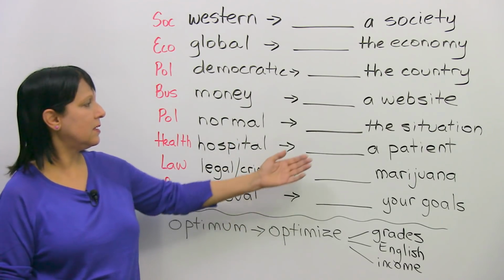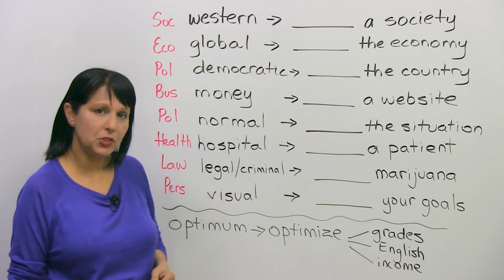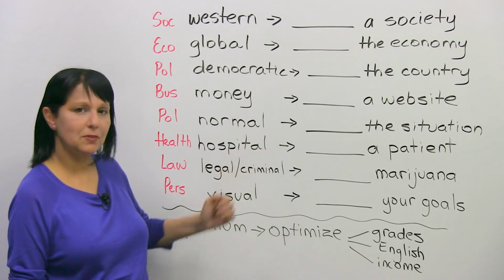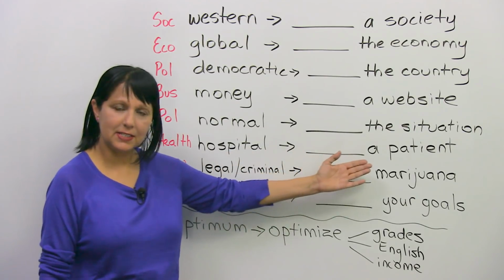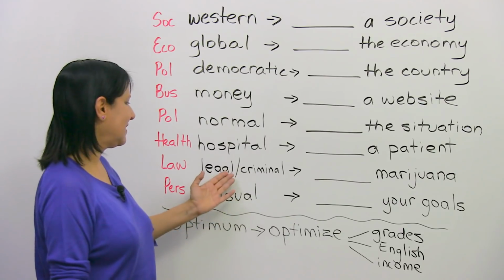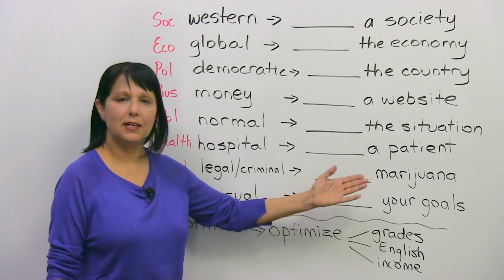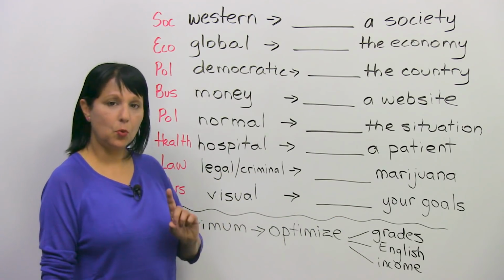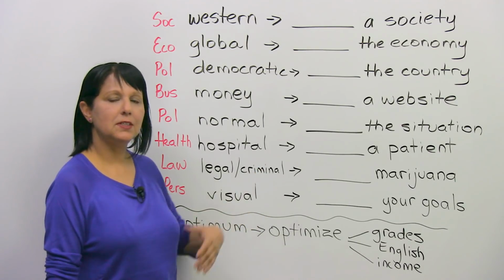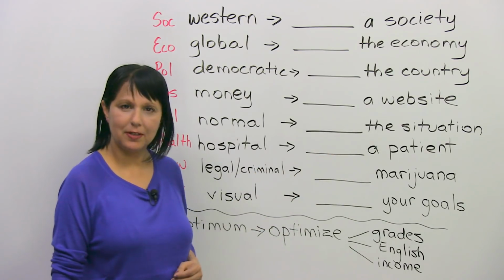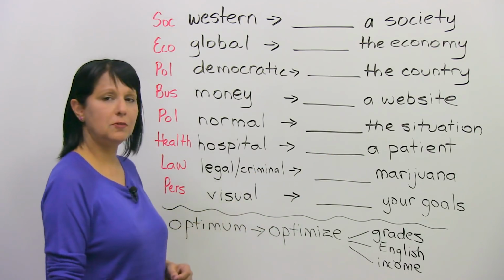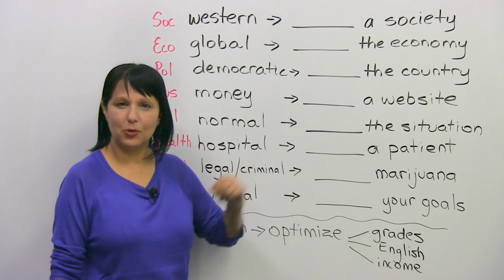Normal, normalize the situation. Hospital, hospitalize a patient. Legal, legalize marijuana. Or criminal, criminalize marijuana. Visual, visualize your goals.